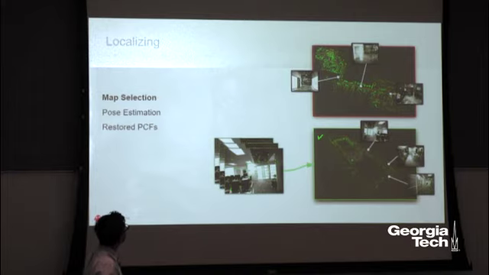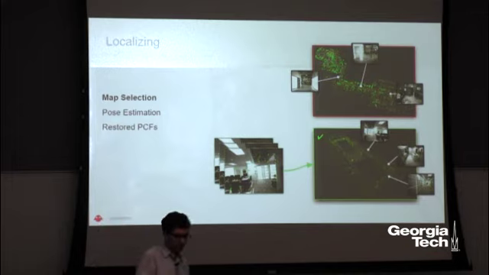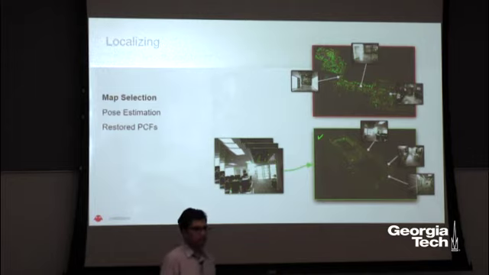Okay. So some of the other unique problems that we have with our device and environments are things like what we call map selection. Map selection is, for example, I'm in the same location, I come back to the same location multiple times, or I go to different parts of my room. Let's say on day 1, I use my device in my living room, and day 2, I use it in my kitchen.